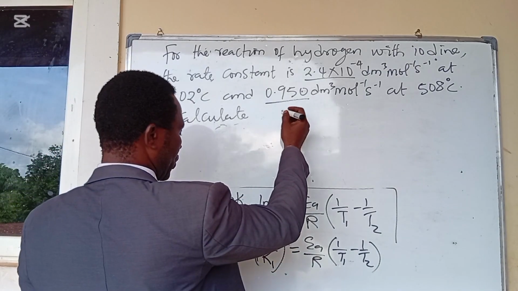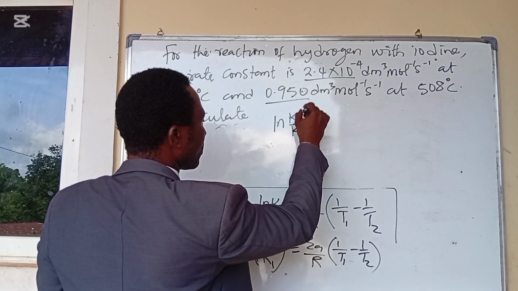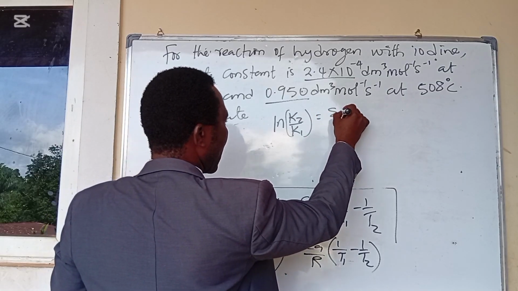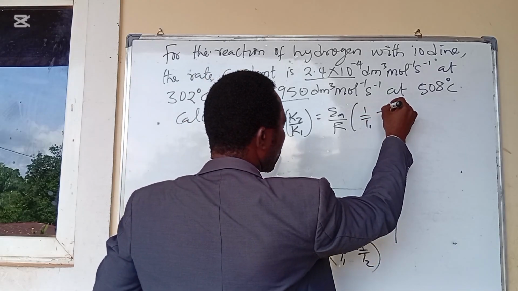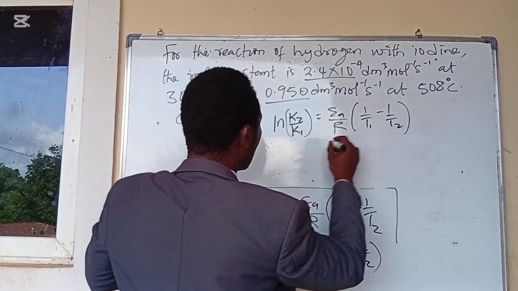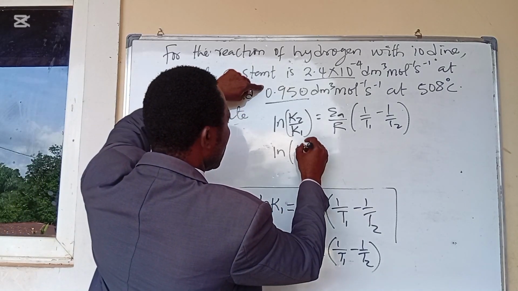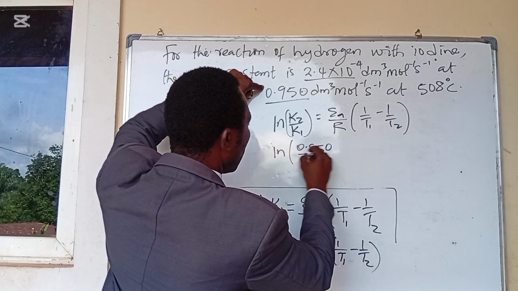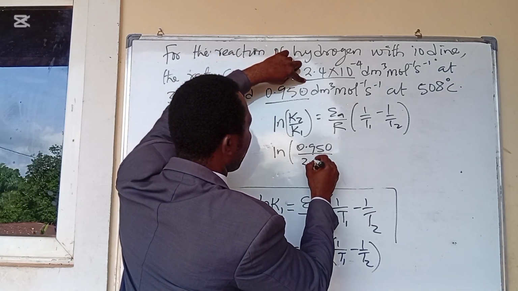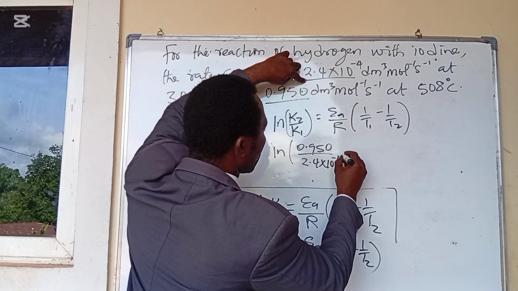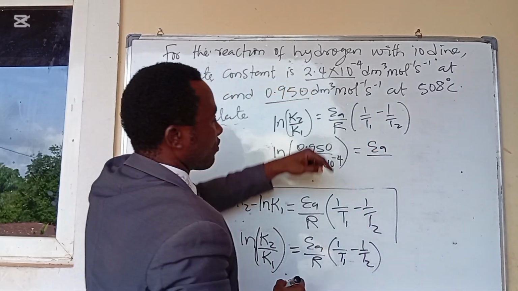So ln K2 over K1 equals activation energy over the molar gas constant into 1 over T1 minus 1 over T2. So we have ln of K2, 0.950, over K1, which is 2.4 times 10 to the minus 4.